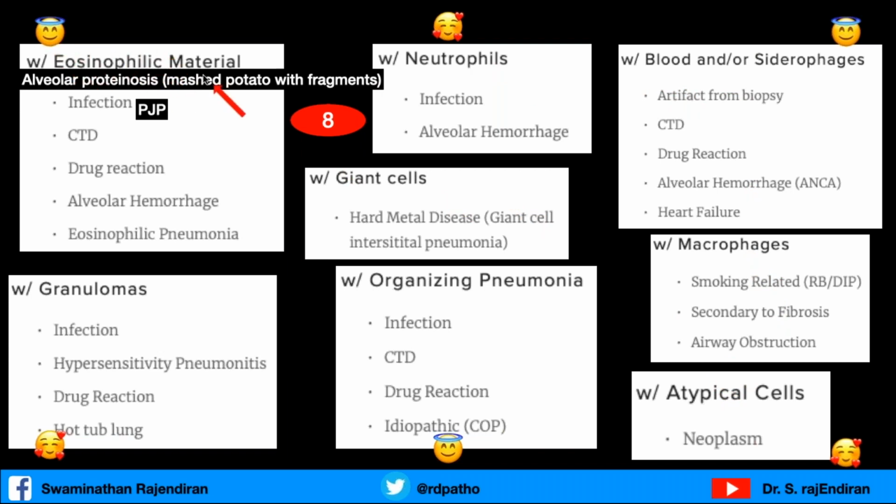The main thing in eosinophilic material, 2 things you have to remember, is alveolar proteinosis and Pneumocystis jirovecii pneumonia. Okay, and when you see atypical cells, you have to think of neoplasm, where we will be talking about STAS, spread through air spaces, where you can see the atypical cells in the alveolar spaces.